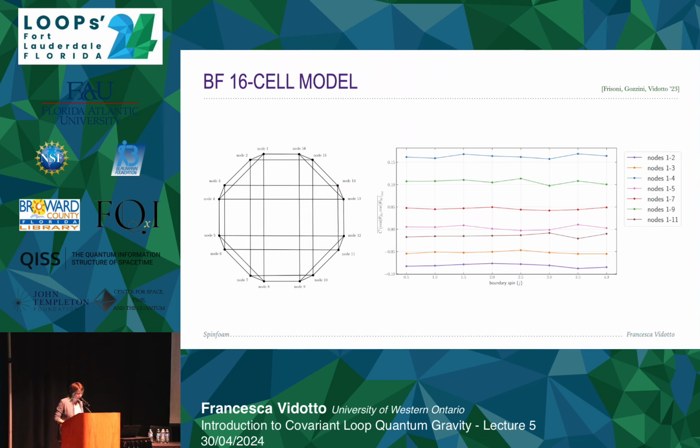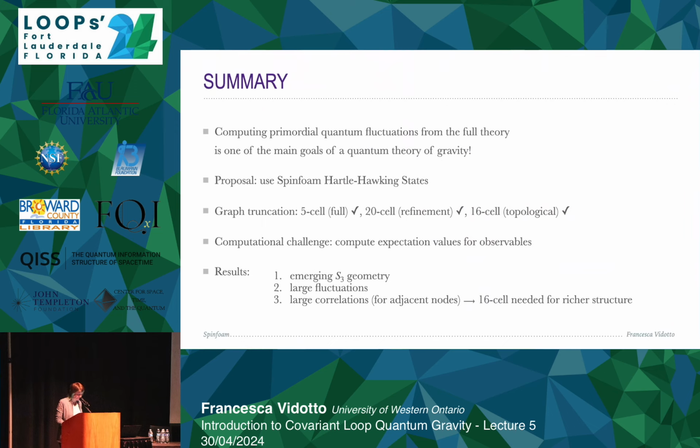Unfortunately, we don't have a clear behavior so that we can say, oh, okay, correlations die the farther you are, and so on. This still needs to be understood better. But we have a technique. And again, more computations need to be done, more understanding needs to be done, but we have a full setting in place.